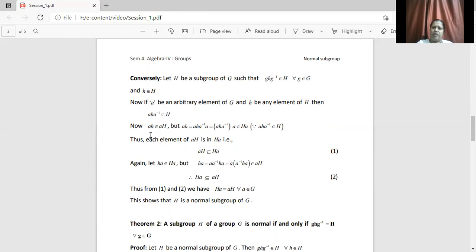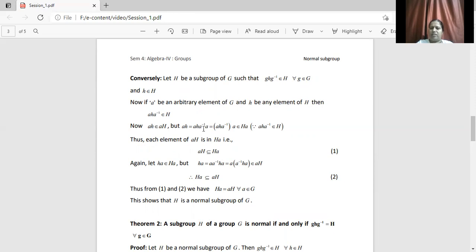Now we'll have here ah belongs to aH because small h is the element of capital H. Hence ah belongs to aH we can write. But ah can be written as ah into a inverse a. This a inverse a is nothing but the identity element. Identity element into any element will give the same element here.